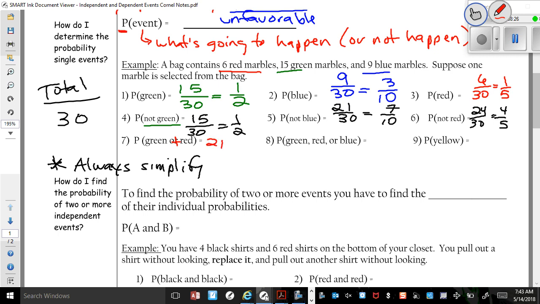So it'd be 21 out of 30, right? Which is what? 7/10. But John, just like you figured out that not green had to be 1/2 because green is 1/2, green plus red, which one should it be the same as?